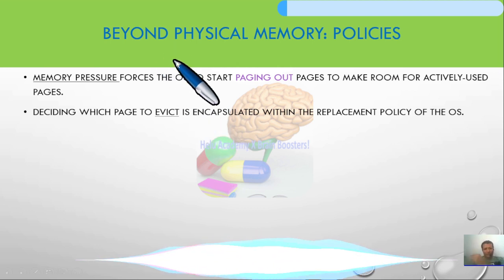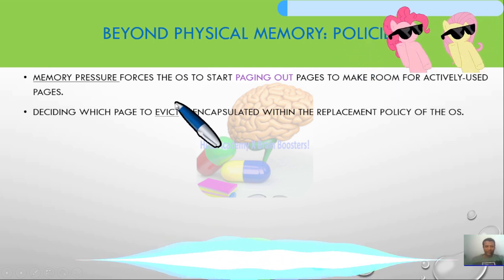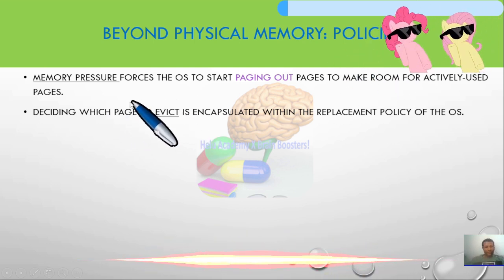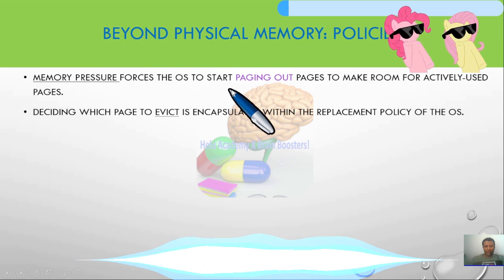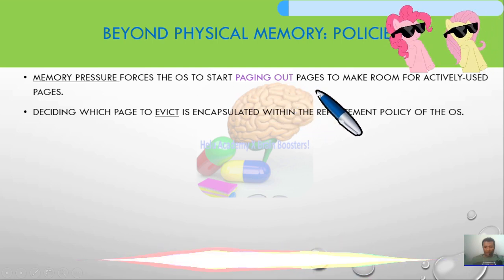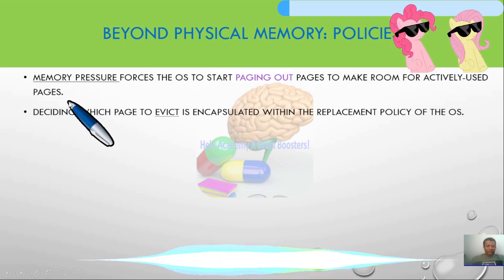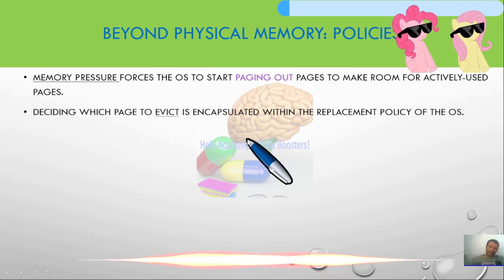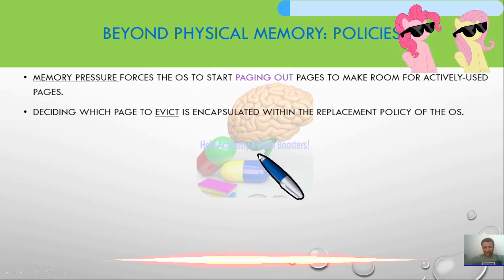So the first concept: beyond physical memory, we have policies. Memory pressure forces the operating system to page out pages to make room for actively used pages, because as we know, we have RAM, around 8 GB.